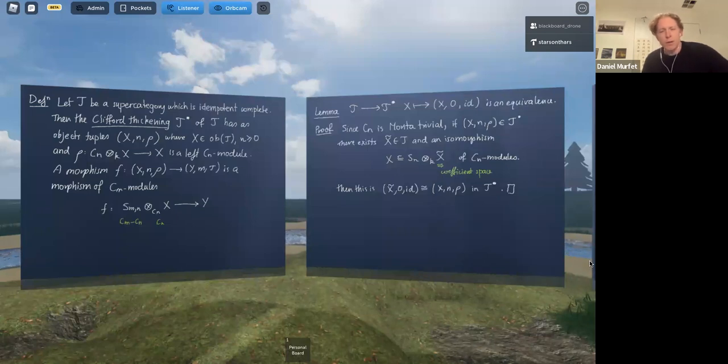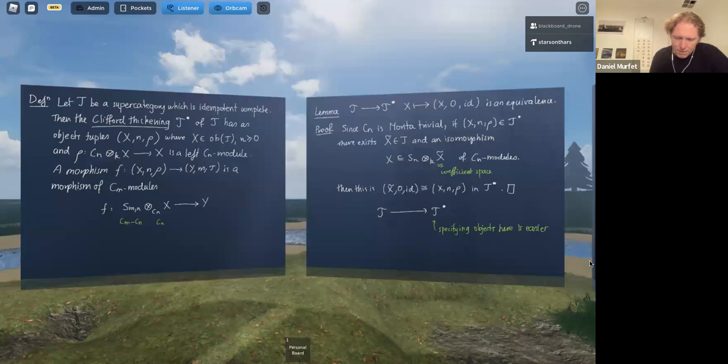Okay, so what's the point of introducing the Clifford thickening? Well, it may be possible that specifying objects here can be easier. I mean, we saw an example earlier where we had the Karoubi completion of HMF and this plus completion, where even though they're equivalent categories, finding a representative for a given object in the other category may be highly non-trivial.